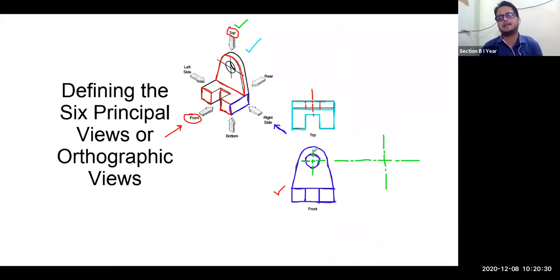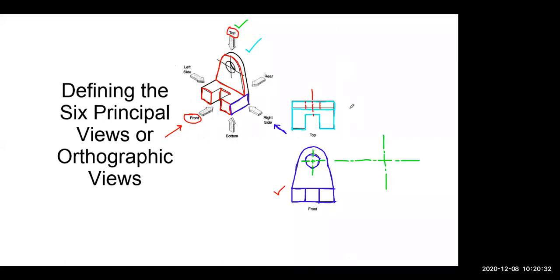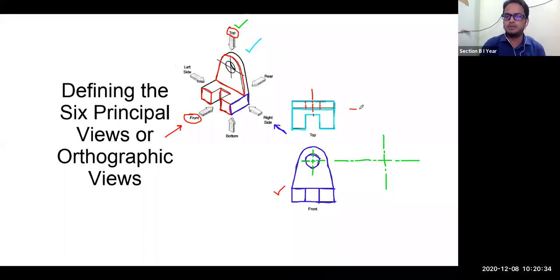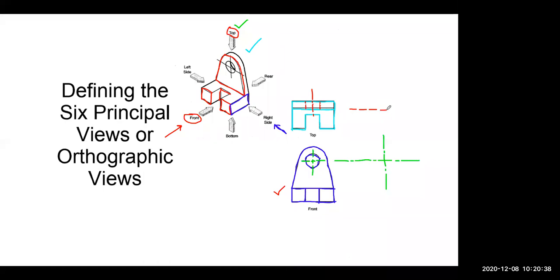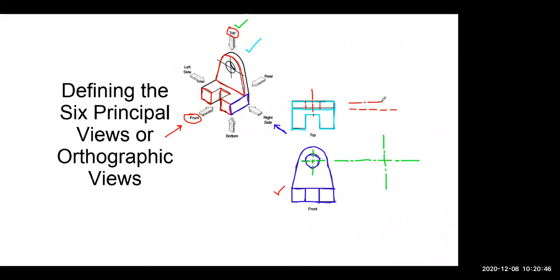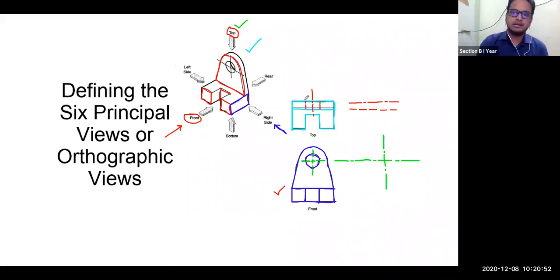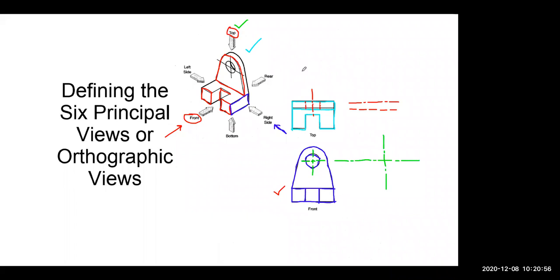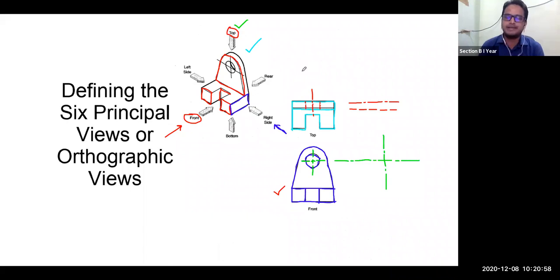Center line is like this, while dash lines are of equal length. Center line will be like this: a big one, then a small dot, then a big one, then a small dot. So here, this hidden line is representing what? Which geometrical entity?